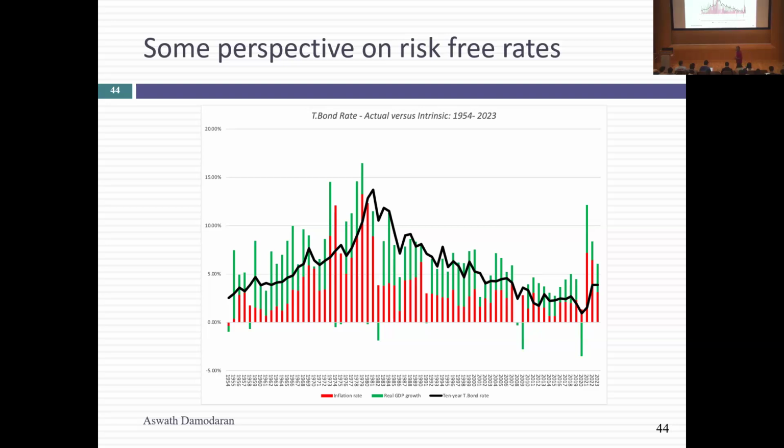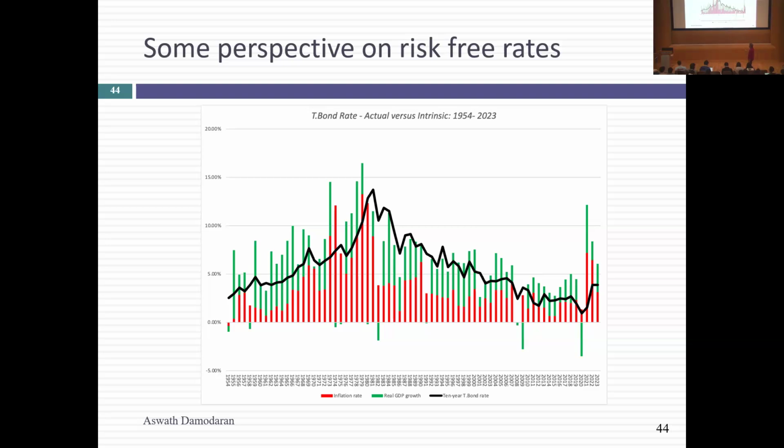I'm going to push back on that by going back to what I just said about what sets interest rates, which is expected inflation and an expected real interest rate. It's called the Fisher equation. So here's what I've done in this graph. The black line is the T-bond rate. You can see it went up in the 70s, and in the last decade, it went down and stayed low.